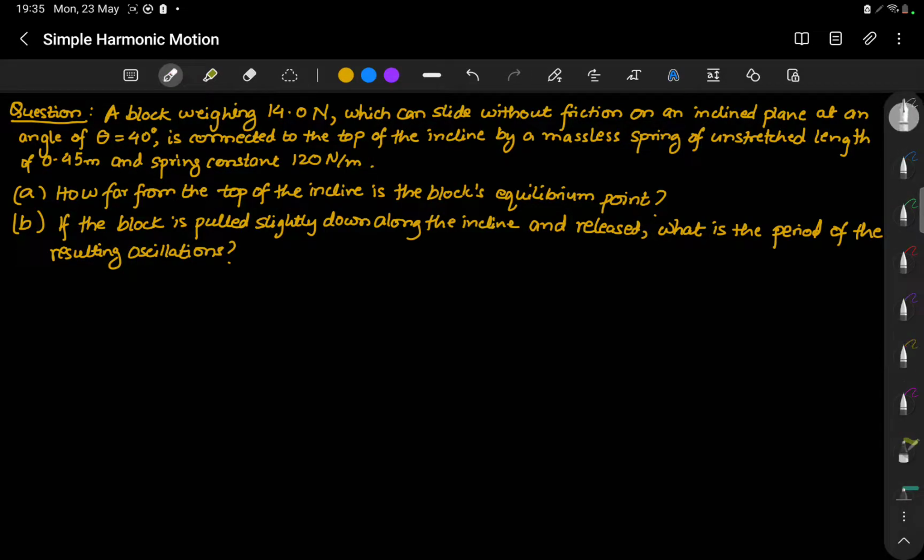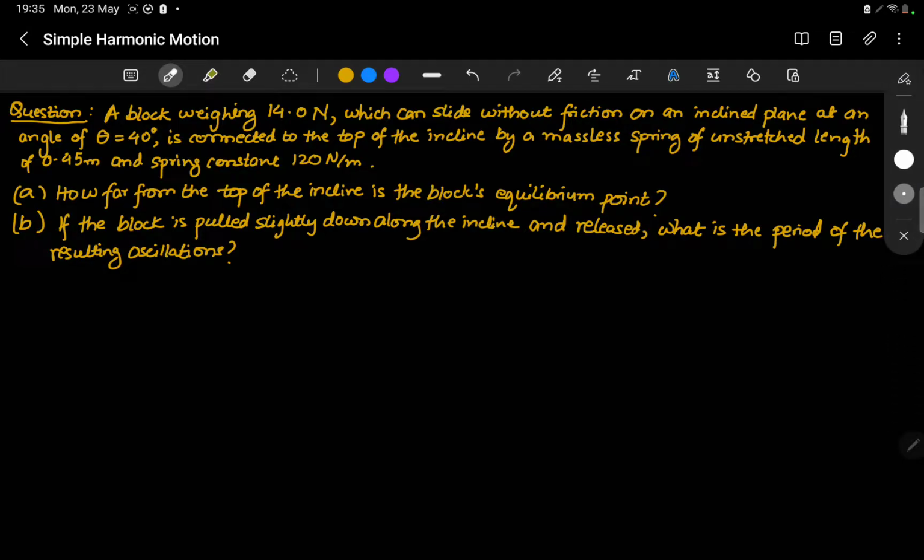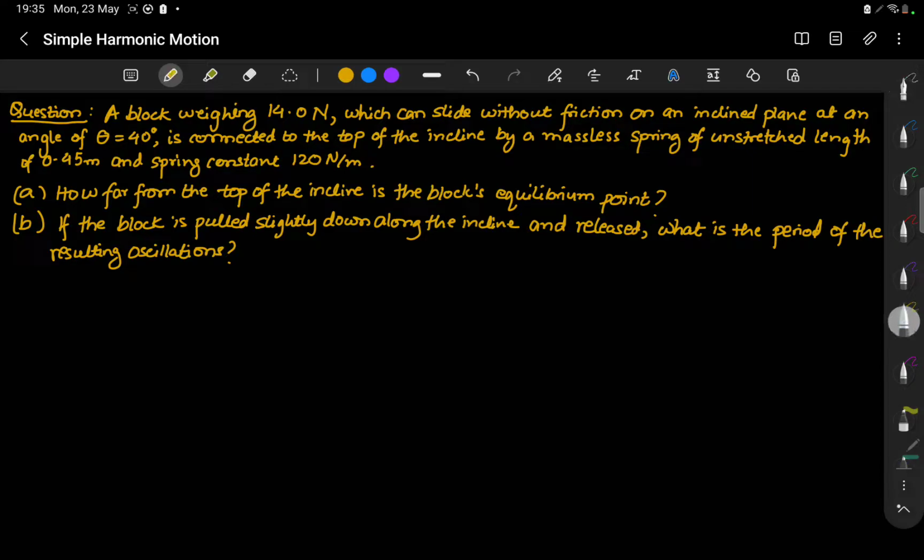Let us look at the first part. So in the first part, we need to find out the equilibrium position. So let us redraw. Sorry, I'm drawing it for the first time actually. So the diagram is as follows.